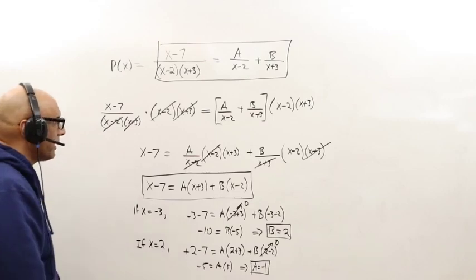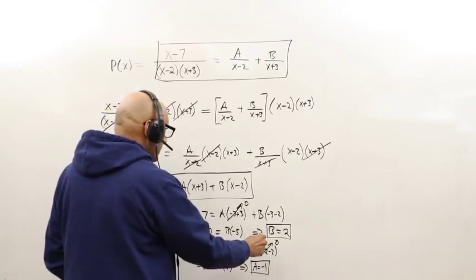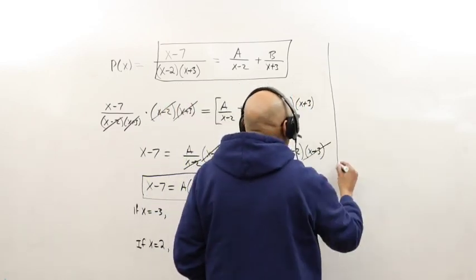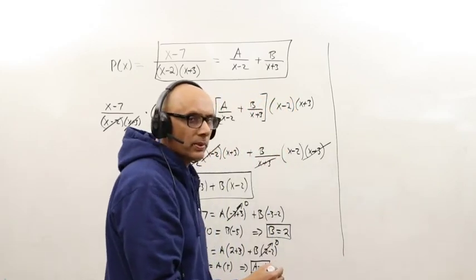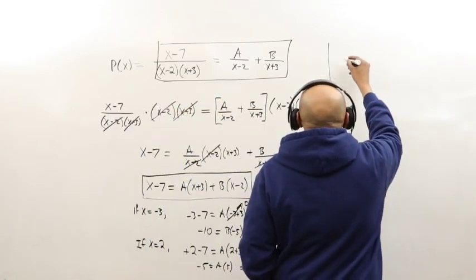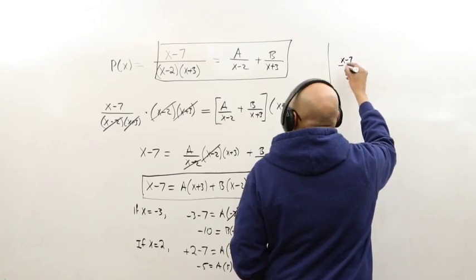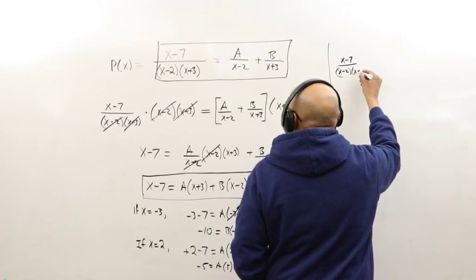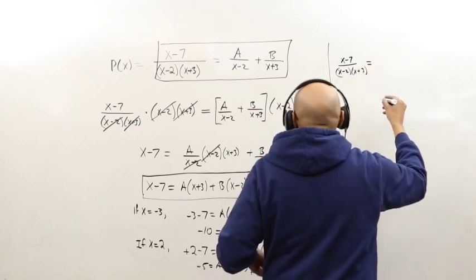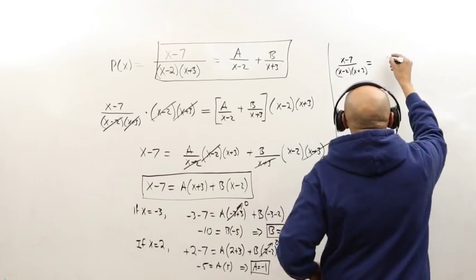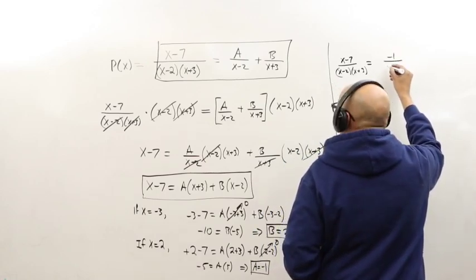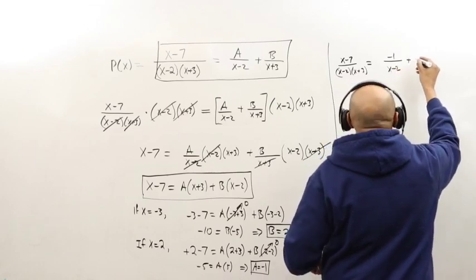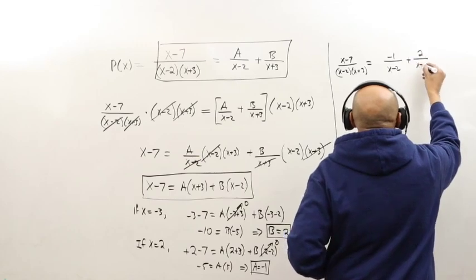So we have the two values of a and b. We evaluated a equal to minus 1, and b equal to 2. So we can say that (x minus 7) over (x minus 2)(x plus 3) is equal to minus 1 over (x minus 2) plus 2 over (x plus 3).